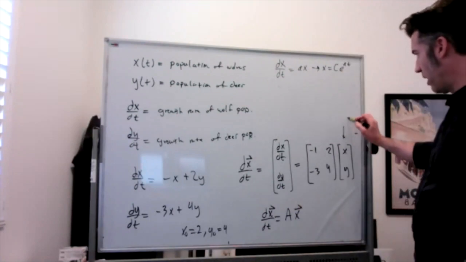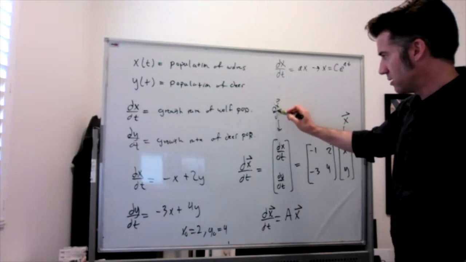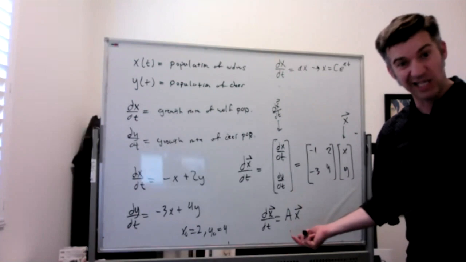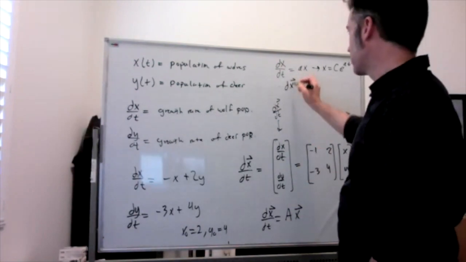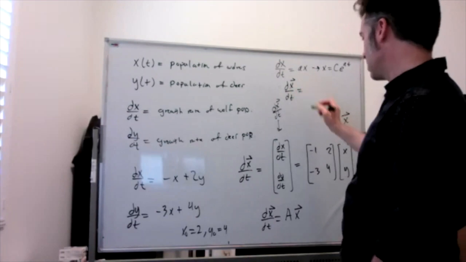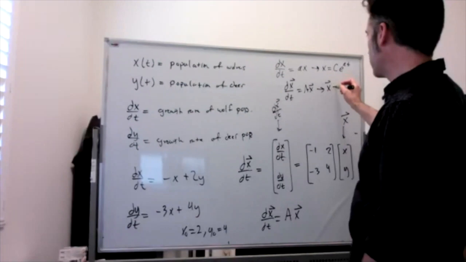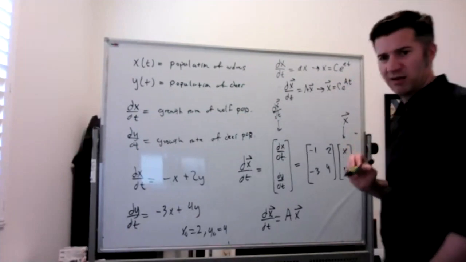This is the vector x. This is the vector dx/dt. This sort of differential equation is going to have the same kind of solution: dx/dt as a vector equal to A times x, the solution is going to be that the vector x equals c e to the A times t.